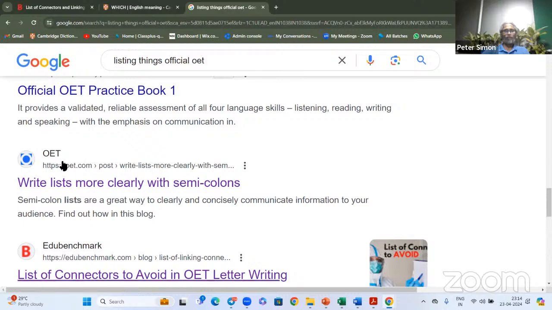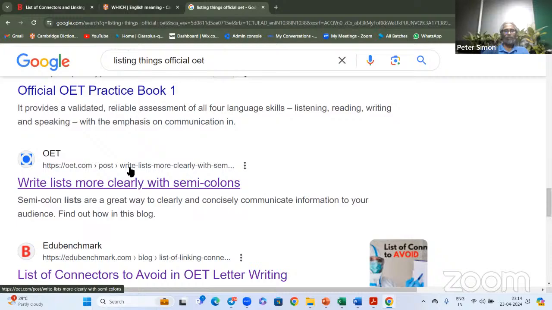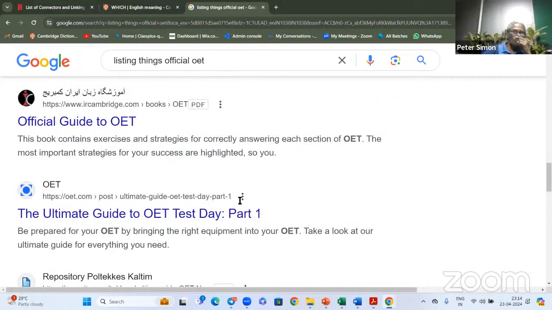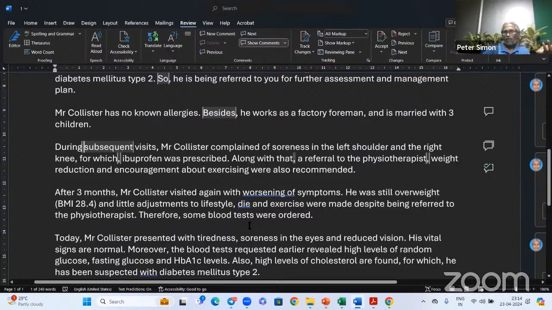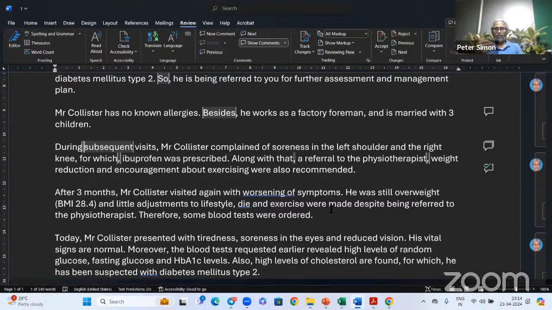See, this is official OET, oet.com. Taken from official OET. And next, how are you going to make a list of things? Along with that, here you can make a colon. Wherever a comma is there, you can put a semicolon.